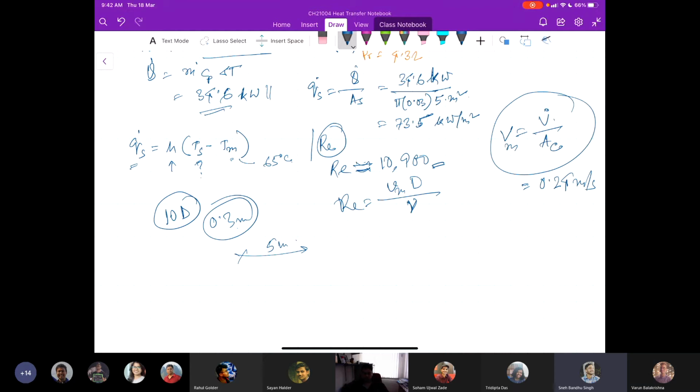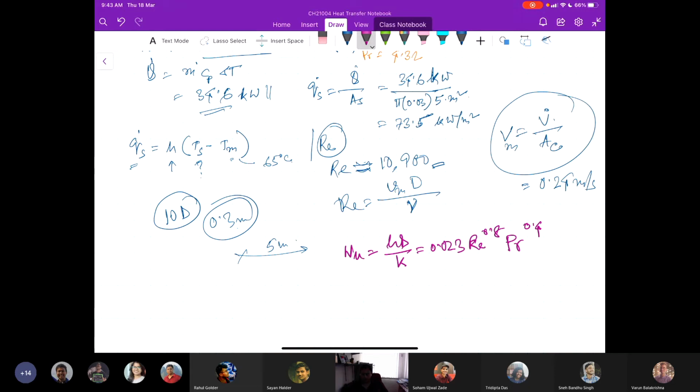Nusselt number is 0.023, Reynolds number to the power 0.8, Prandtl number to the power 1/3. Take your time. Prandtl number power will be 0.4. Absolutely. That is why I asked you to take your time. Because there was a condition, if you remember, that 0.3 for cooling and 0.4 for heating.